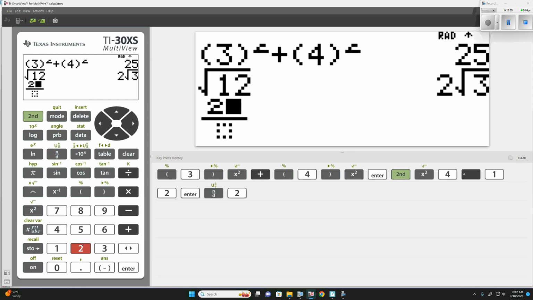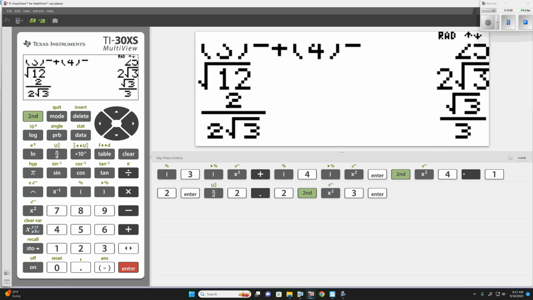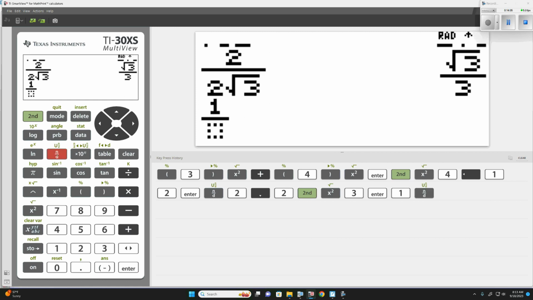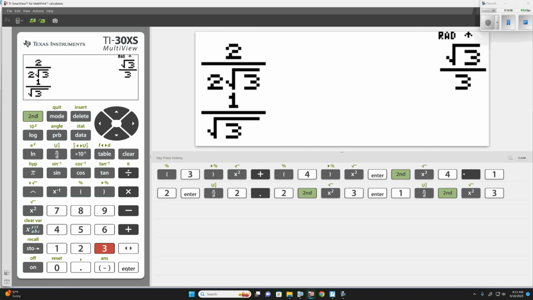Well, we can go on and just type it into the calculator. 2 over 2 square roots of 3, so square root of 3 over 3. Now, I could have typed it in as 1 over the square root of 3 also and got the same thing, because the 2/2 would reduce.